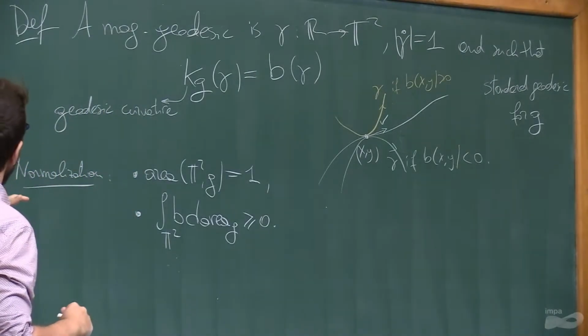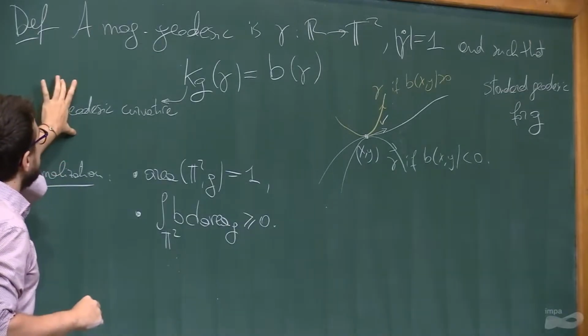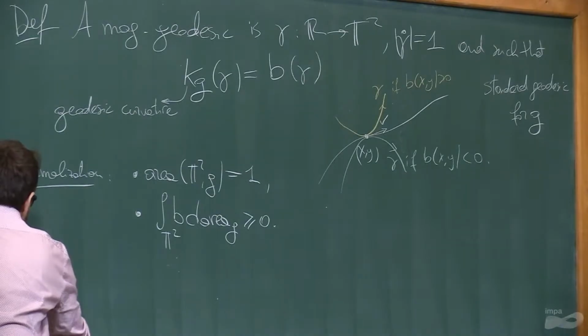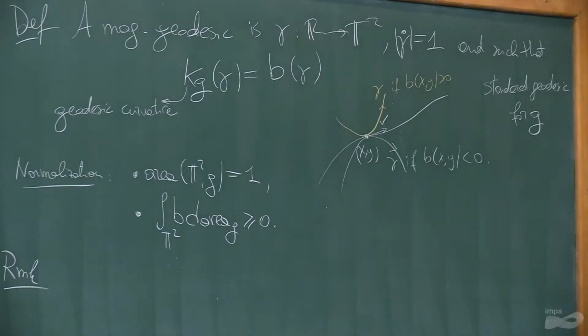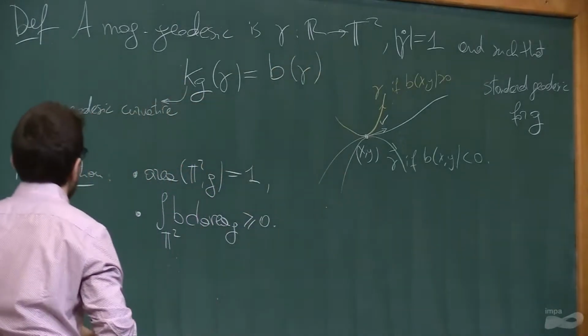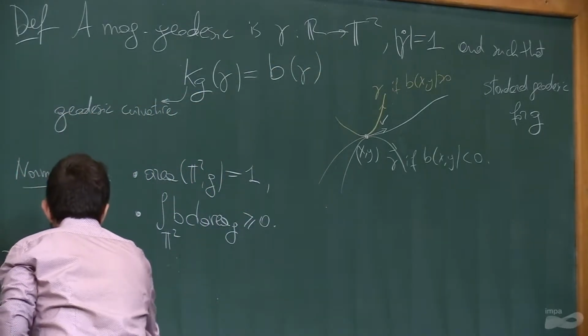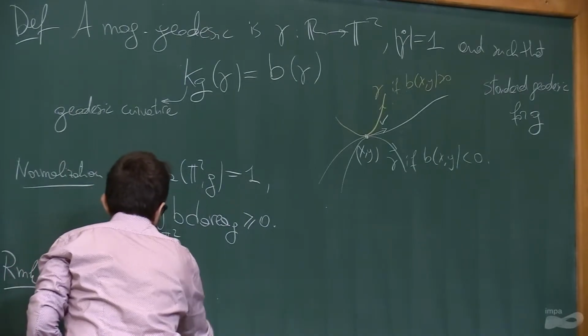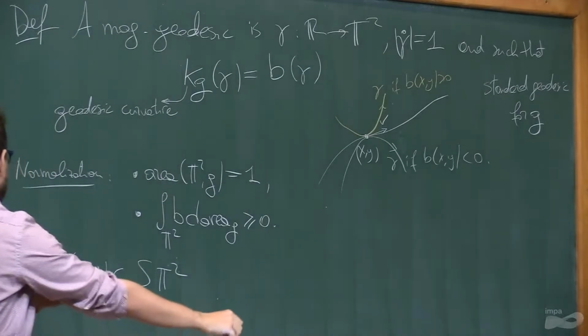Then the question that's more natural now is what do such systems have to do with Hamiltonian systems, and this is answered by looking at the lift of gamma on the unit tangent bundle. So I can consider the curve on the unit tangent bundle of the 2-torus.